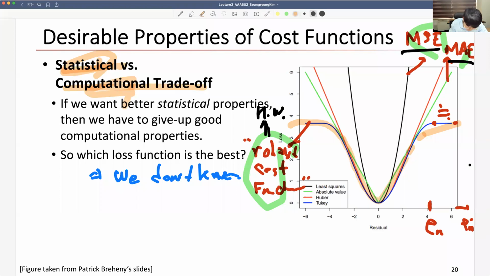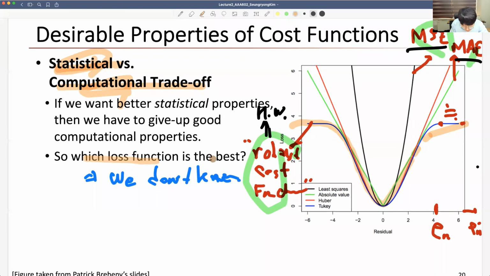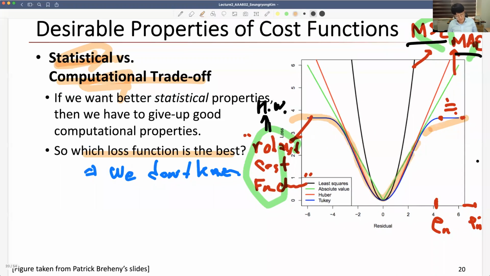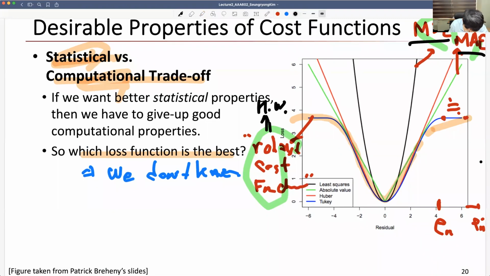So which loss function is the best? We cannot say that. We cannot say that the robust cost function is always better than the simple cost function. So it depends on the application.